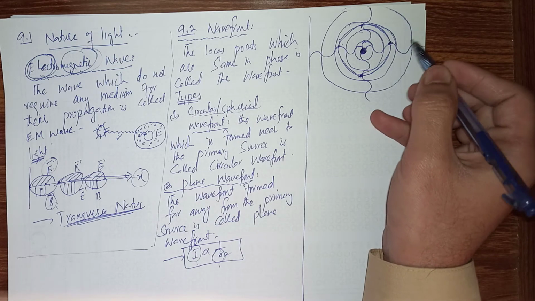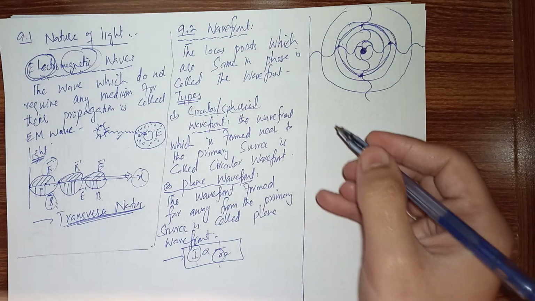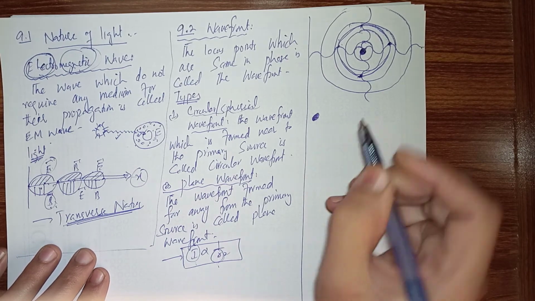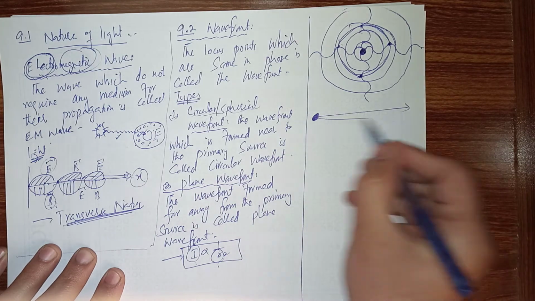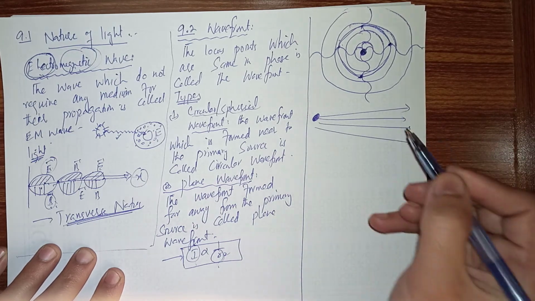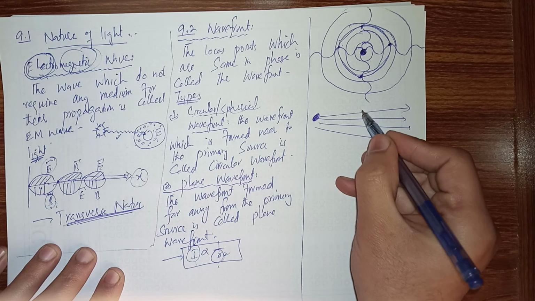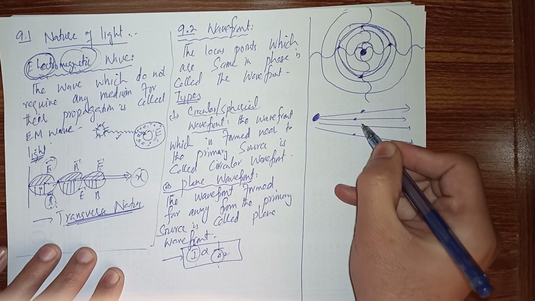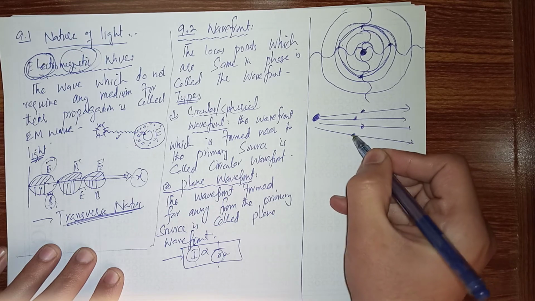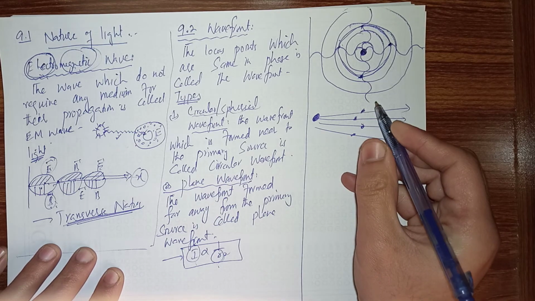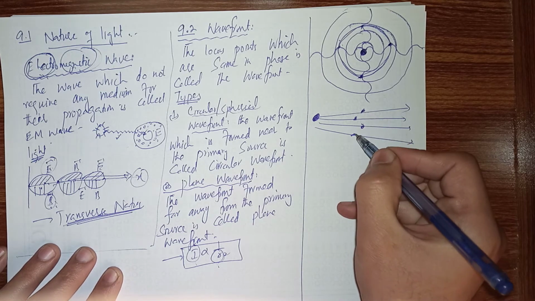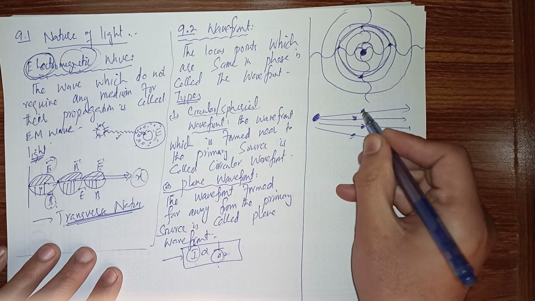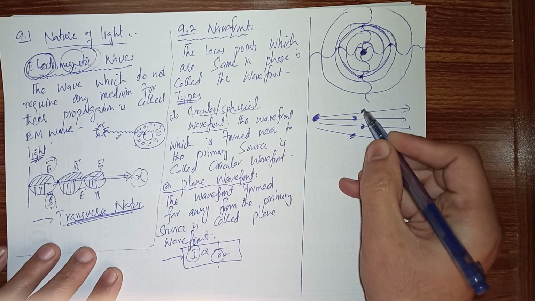Okay. Now, let us consider a light. This is a light source. This is a primary light source. It produces the waves. Whenever it produces the waves, suppose it produces 4 waves. So here there is a crest, there is a crest, there is a crest, and there is a crest. So all these points having same in phase, because at the crest position, the crest is an extreme point, and at the extreme point the potential energy is maximum, acceleration is maximum, restoring force is maximum, velocity is 0, kinetic energy is 0.